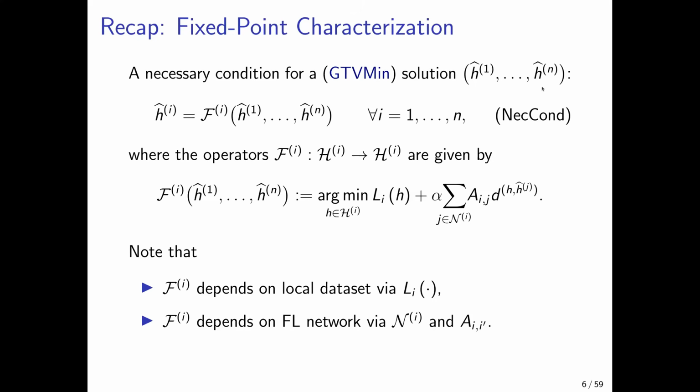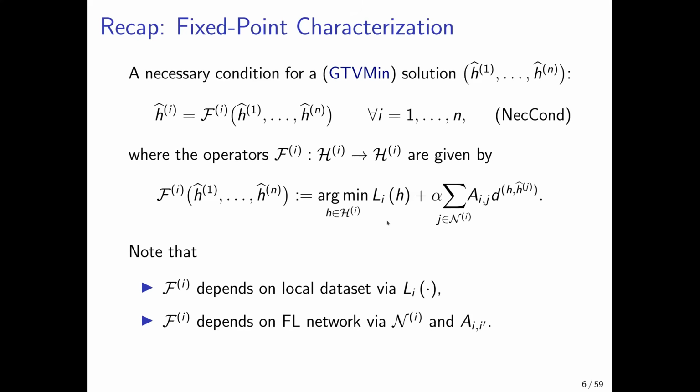And then this must satisfy some fixed point equations. So namely, you can imagine for any node i, any device i, we may fix or freeze all of the other hypotheses and only minimize this expression here with respect to the ith hypothesis space.